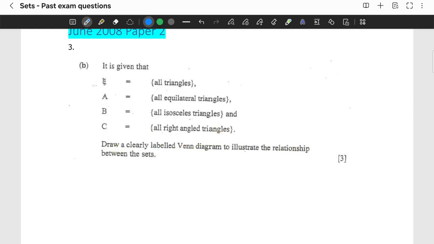So we need to understand that equilateral triangles have all three sides equal, right? While isosceles triangles have two equal sides, right?